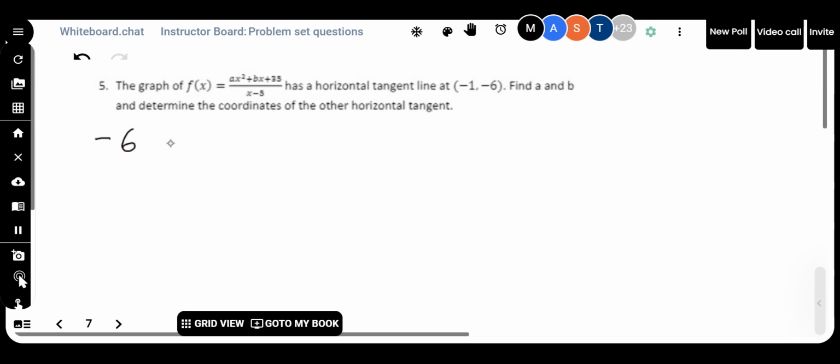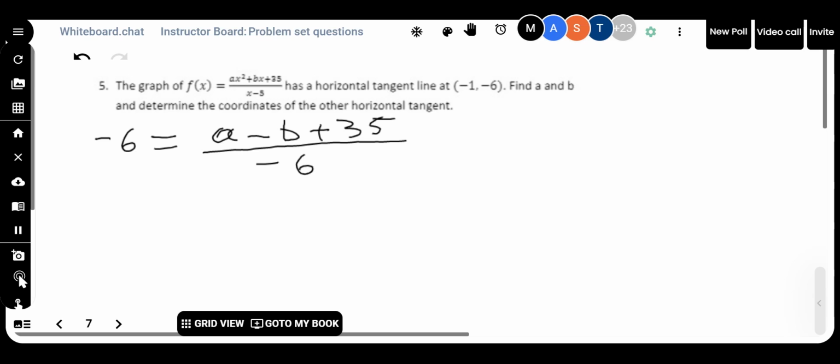So -6 is equal to, if it's -1, it's going to be A, because -1 squared is still 1. And then I'm going to have -1 times B, so that's minus B, plus 35, divided by -1 minus 5, which is -6. Okay, so I'm just plugging in all the stuff that I know at this point.